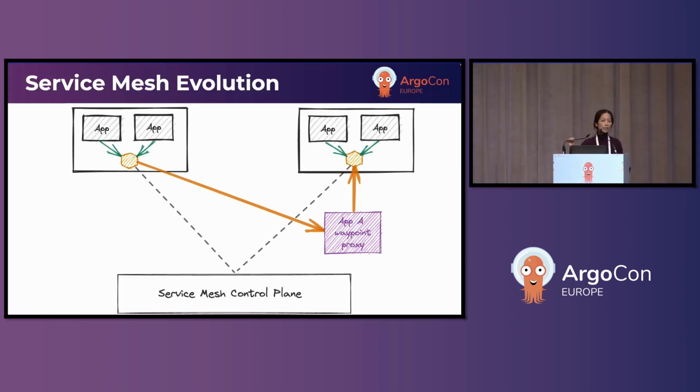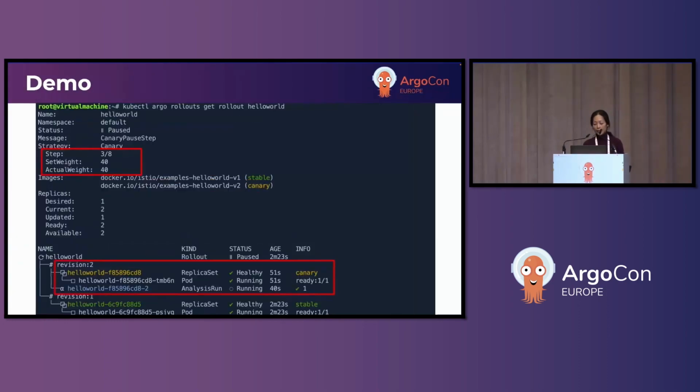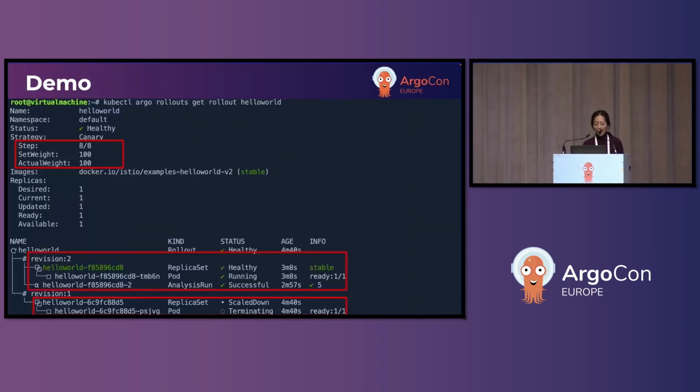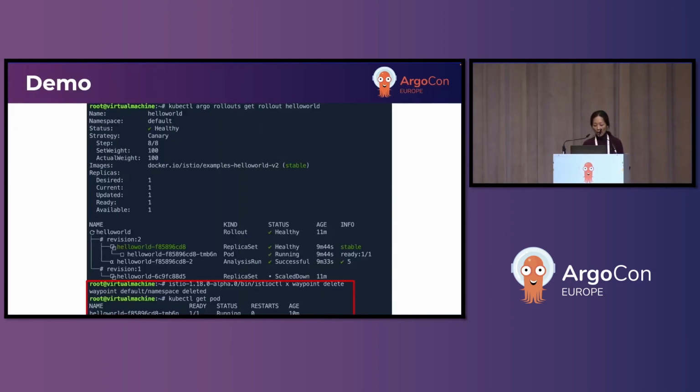So before I started my rollout, I deployed the waypoint proxy to help facilitate that traffic shifting. At the end, after I roll out to version 2, I no longer need the waypoint proxy, so I no longer need to pay the cost to run and operate it. I can actually remove it. So at the end, I actually remove the waypoint proxy to save the cost.